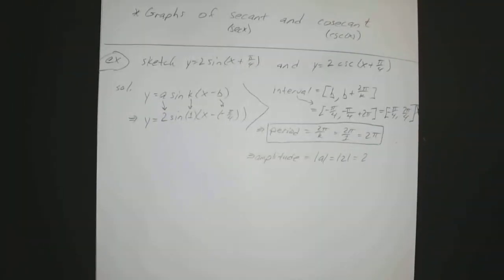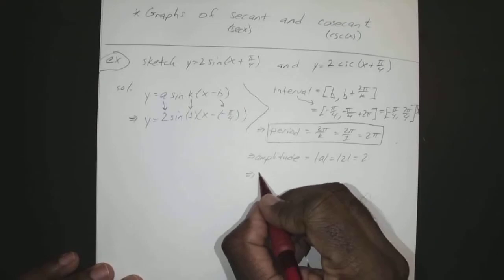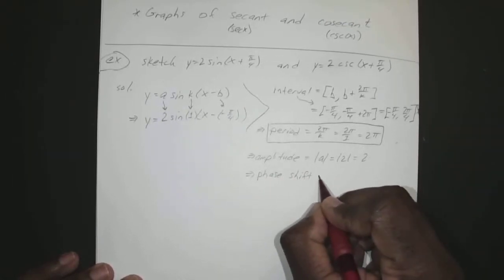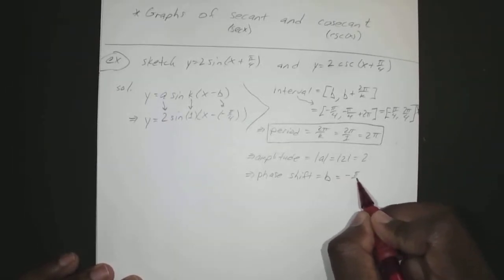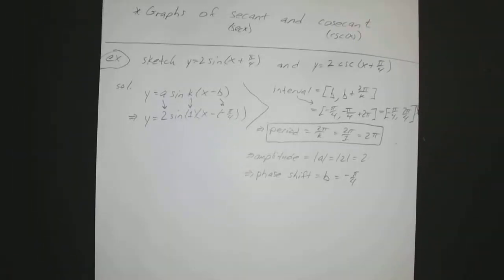That just tells you how high your graph goes. And our phase shift, which is b, is equal to negative pi over 4, and that lets you know it's going to shift left pi over 4 spaces.